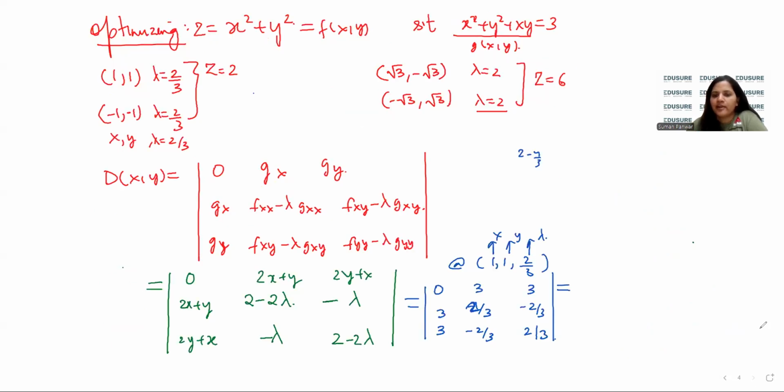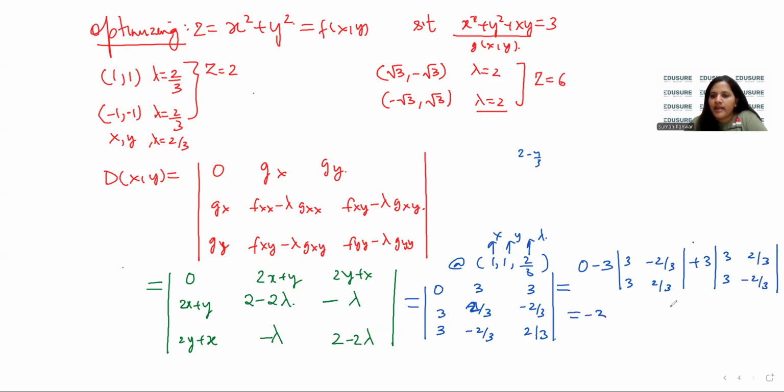So let us expand along the first row. You will have 0, minus 3 times (3, 2 by 3), and then plus 3 times (3, 2 by 3, 3, minus 2 by 3).